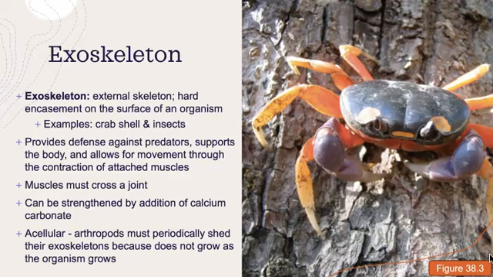These muscles, though, have to cross a joint, and the exoskeleton can be strengthened by the addition of calcium carbonate. These can be acellular, and so the arthropods must periodically shed their exoskeletons because it doesn't grow as the organism grows.